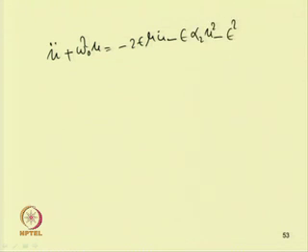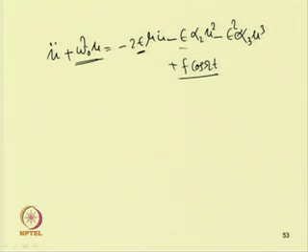form u double dot plus omega 0 square u equal to minus 2 epsilon mu u dot minus epsilon alpha 2 u square minus epsilon square alpha 3 u cube plus f cos omega t. So, here we have taken this forcing term of the same order as that of the linear part, and this damping of the order of epsilon, quadratic nonlinearity of the order of epsilon, and this cubic nonlinearity of the order of epsilon.